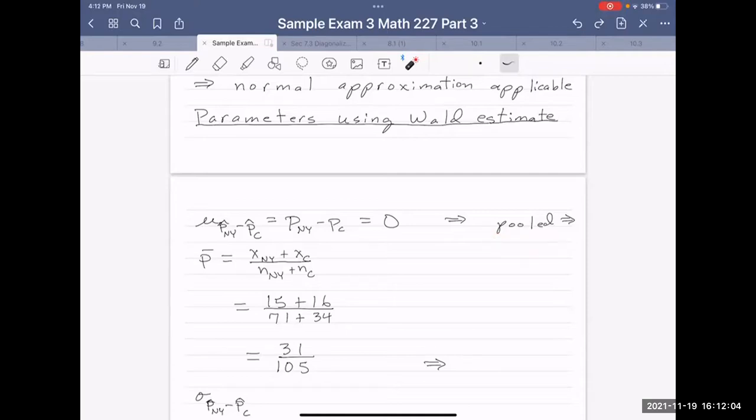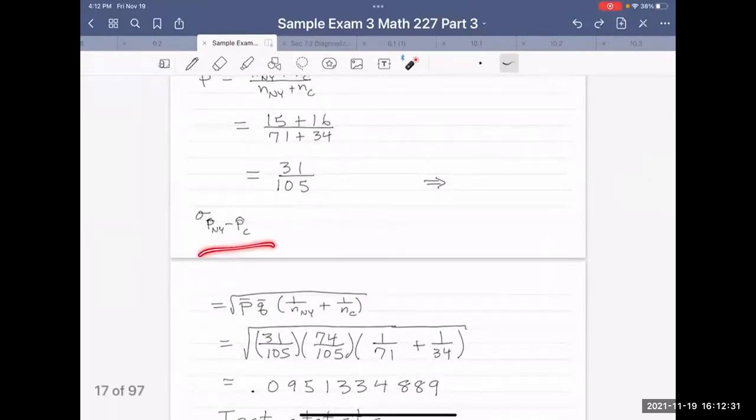So I should use a pooled proportion. And so the pooled proportion is the sum of successes for New York and California, 15 plus 16, over the total number in New York and California, 71 plus 34. So 31 over 105.